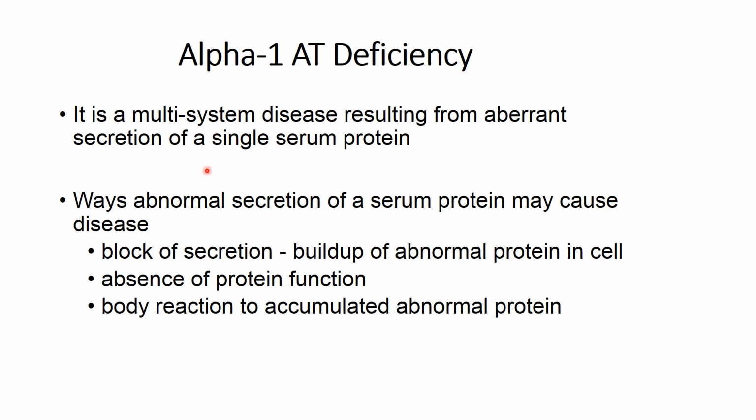Well, some of the mutants of alpha-1 antitrypsin are such that they inhibit the secretion of the protein from the liver, and this buildup of abnormal protein will damage the liver cells. It can also result in, of course, absence of protein function, with less protein circulating in the serum.